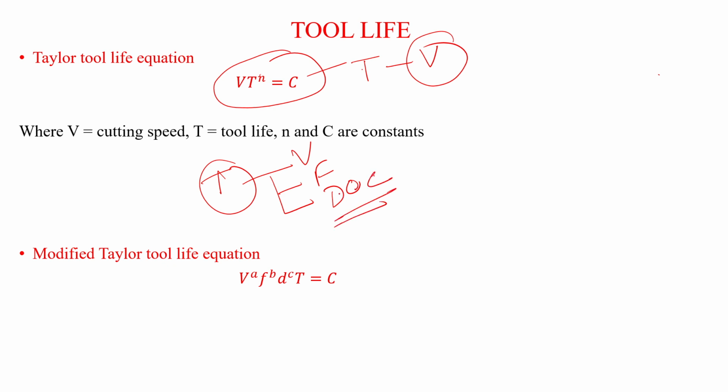So to bring the contribution of feed and depth of cut into the calculation of tool life, this modified Taylor equation has come into existence. Therefore it also shows how the variation of depth of cut and feed affects the tool life. If we order the variation, then the highest contribution is of speed, second is of feed, and third is of depth of cut, d.